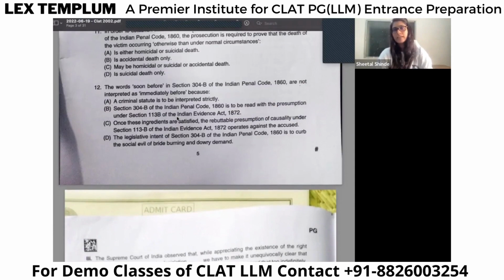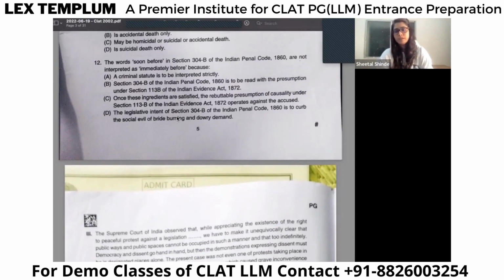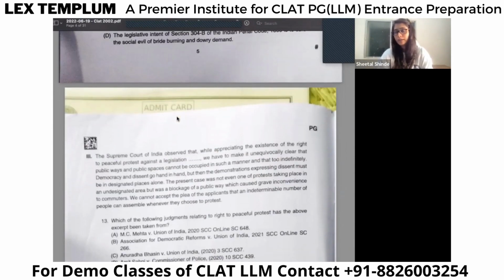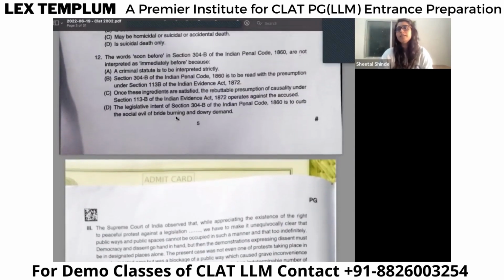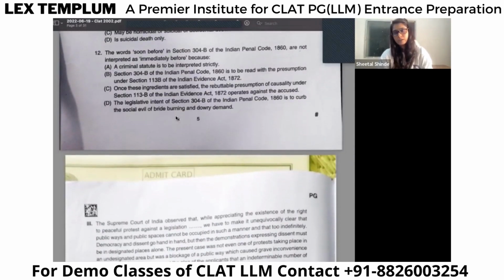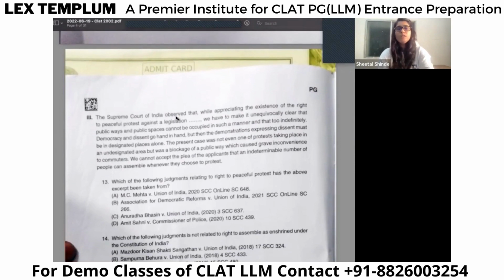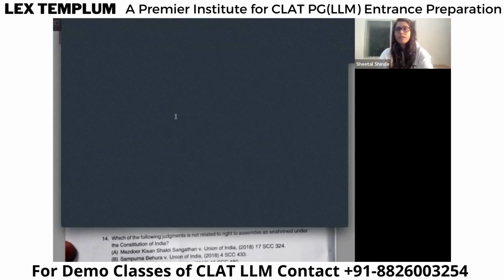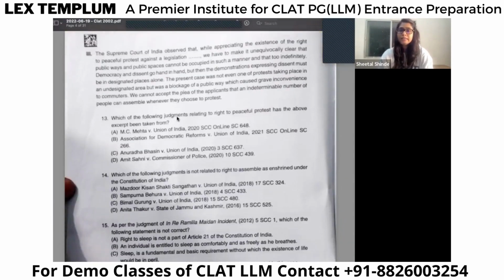The answer is C. Again, that's given in the judgment itself. If you have read that Gurmeet judgment properly, you could easily answer 6 questions. Now the third paragraph is about peaceful protest, and the case is Amit Sahani versus Commissioner of Police. For the 13th, the answer is D.